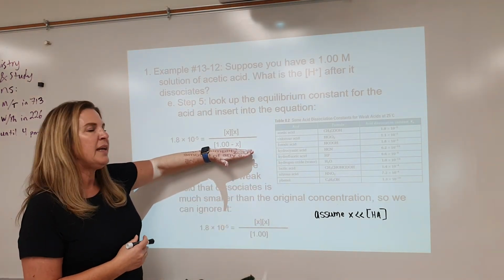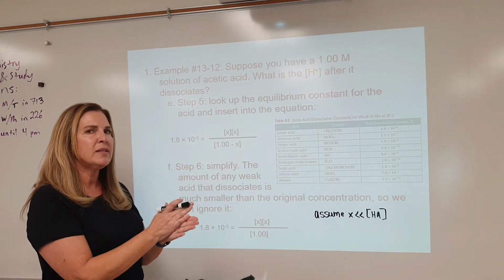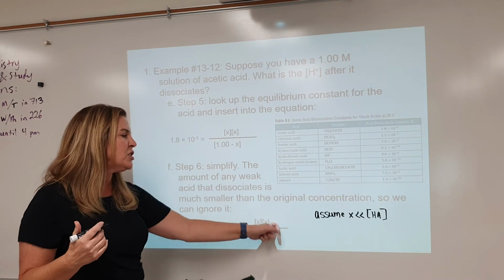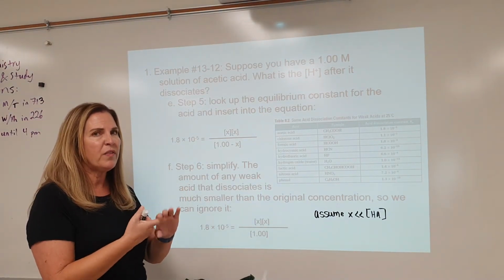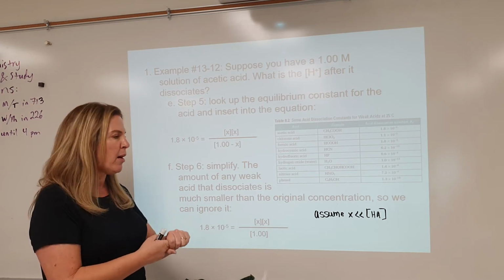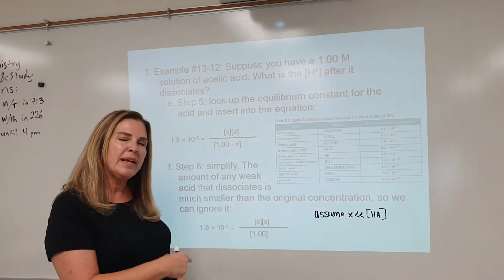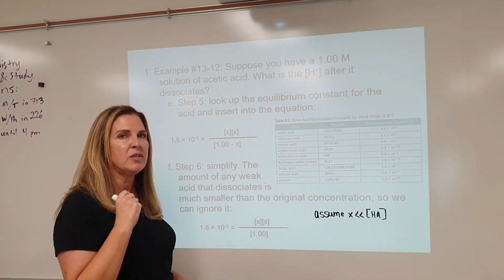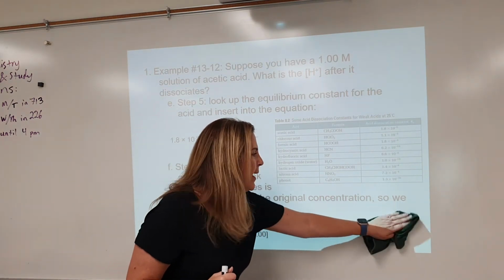If we keep it here, we're going to have to use the quadratic equation. By dropping it, because it is so small, we have much easier math to do. So one, it's very negligible, and two, it's going to make our math lives easier. But if required, you want to make sure that you give some kind of notification that you recognize that this is so small, it's not going to affect it. So you can drop that X.